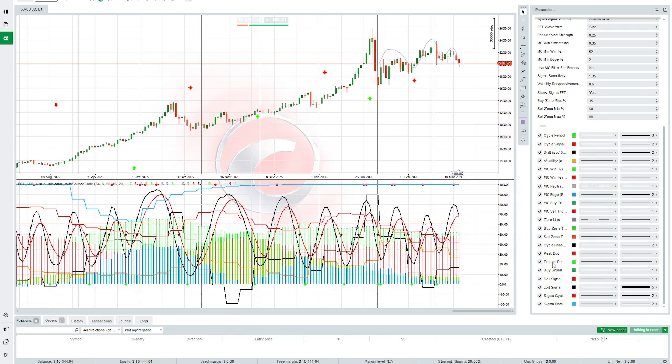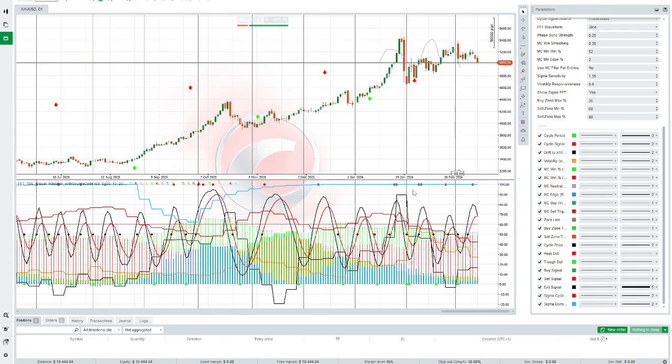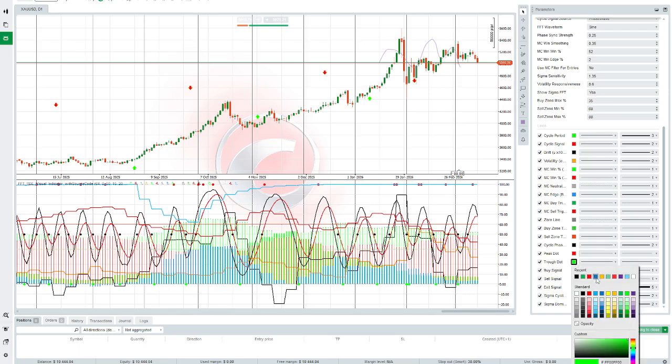For example, you have here the trough dot and peak dot, which are these dots here. When the cycle is peaking, you have a red dot, which means you have to sell, like the red arrow here. Then the trough dot, if I put it blue, you see it's popping down at the bottom of the panel.